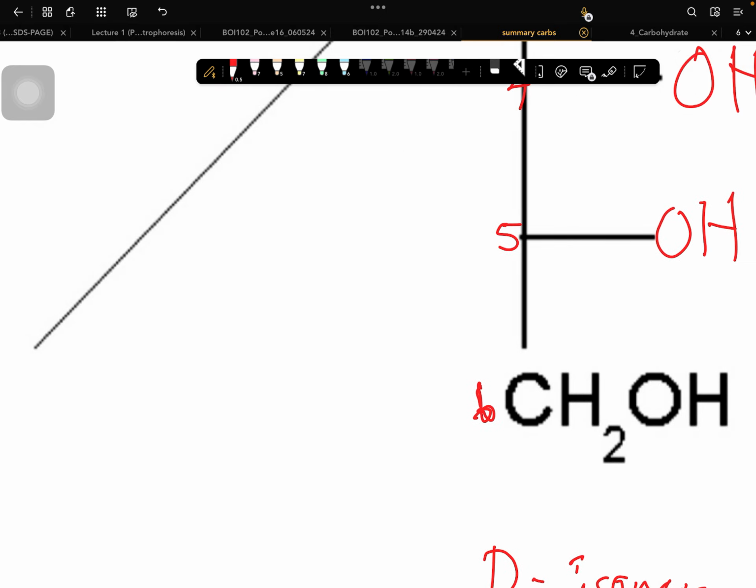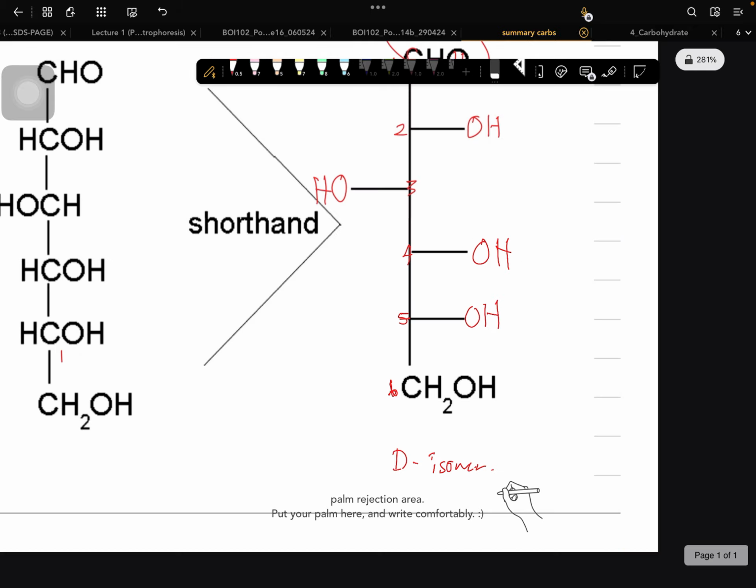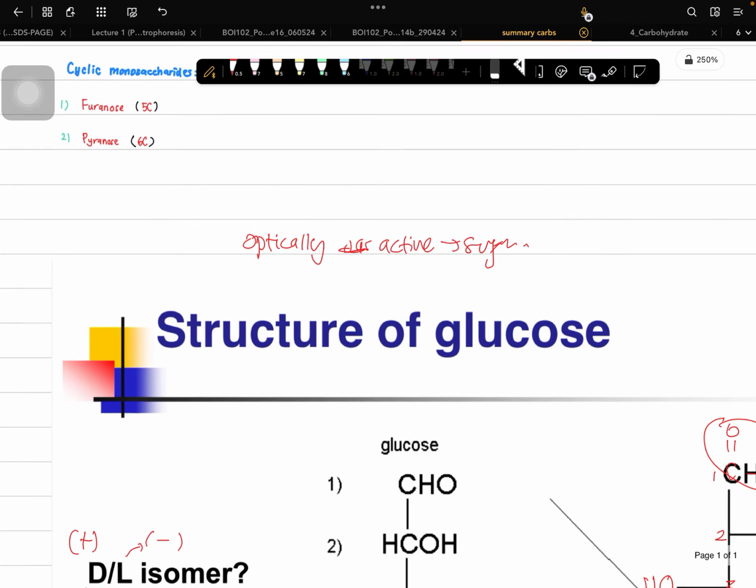But if the OH locates on the left hand side here, it is the L isomer. That's all. Now we understand the structure of glucose.